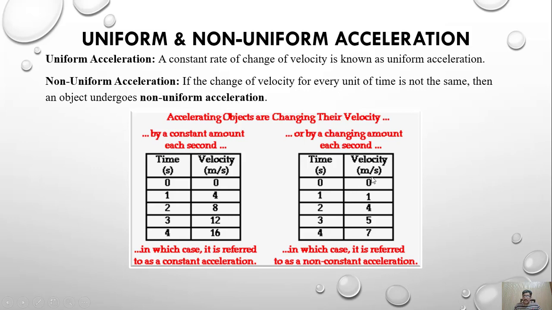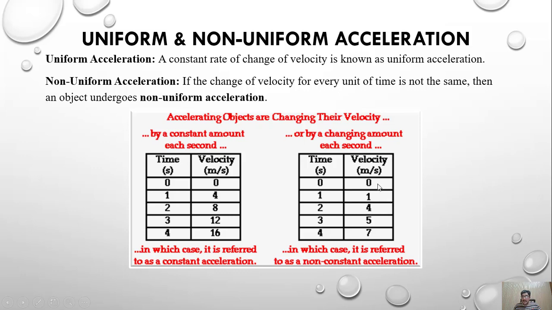If you come to this table, you can see at time 0 seconds velocity is 0 meter per second, at time 1 second velocity is 1 meter per second, and after 2 seconds velocity is 4 meter per second.